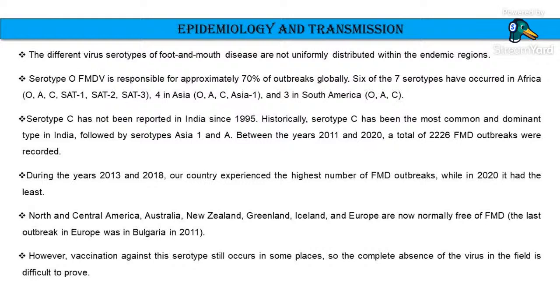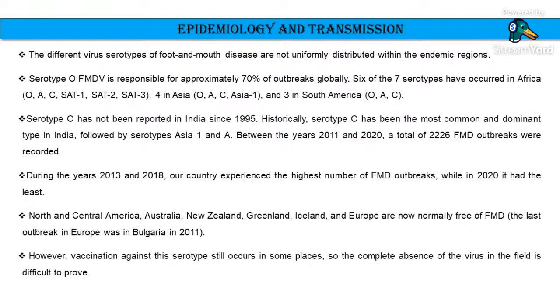The different serotypes which we already spoke of, the seven serotypes, are not uniformly distributed all over the world. Of the outbreaks which occur globally, serotype O is responsible for 70% of the outbreaks, and the other six serotypes cause only 30%.